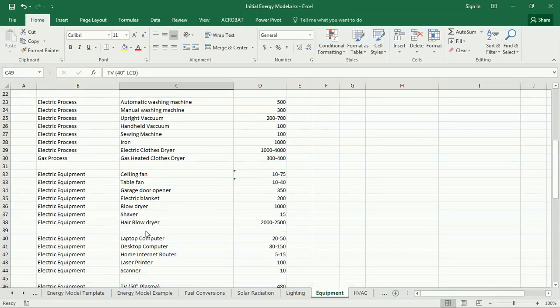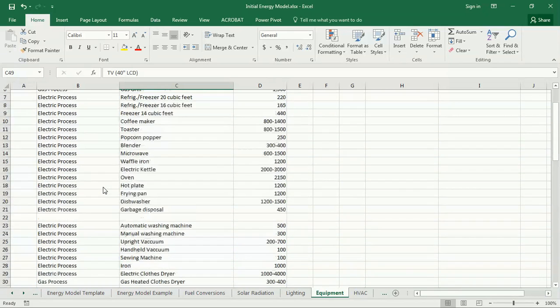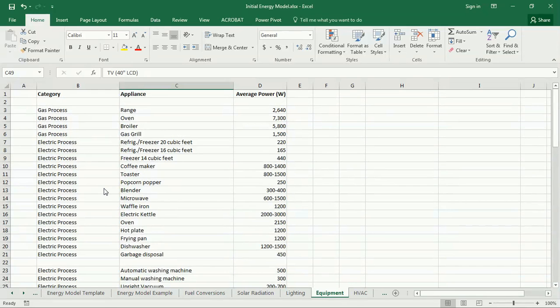These are all fairly small loads, and they're fairly consistently used. However, process loads are much more difficult to estimate because they're much larger loads for the most part, and they are very sporadic.